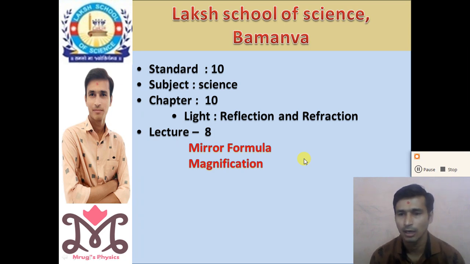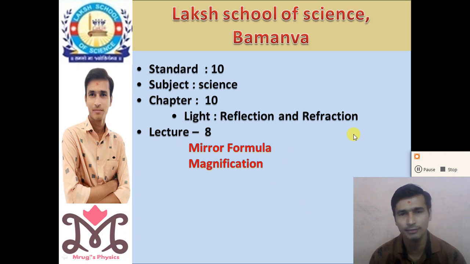But how can we calculate at what distance the image will be produced, what will be the nature of the image? That we can also calculate with the help of the mirror formula. So dear student, today we discuss what the mirror formula is, how we can calculate the image distance by the mirror formula, and what the magnification is, how we calculate the magnification, right?